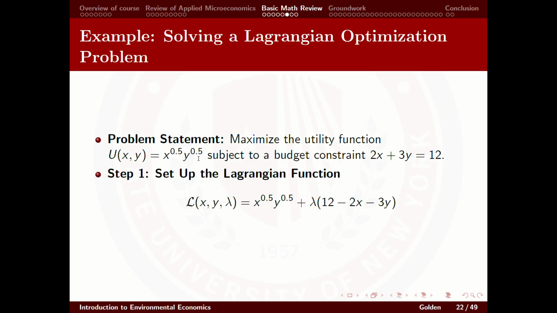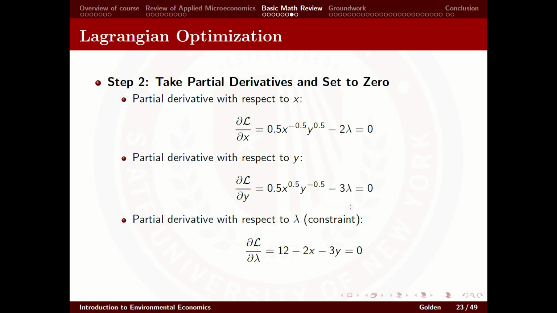For the budget constraint, you have some goods, you have an income of 12, these things equal 12. You set up the Lagrangian, you have your function here, you have your constraint here, and then you have your shadow price of money, which is lambda. Think of lambda as, if I had an additional $1, what would I do with it? That's lambda. It's the shadow price of money.